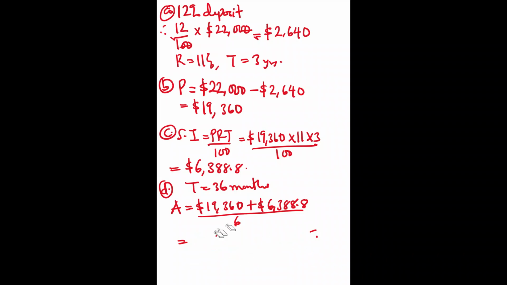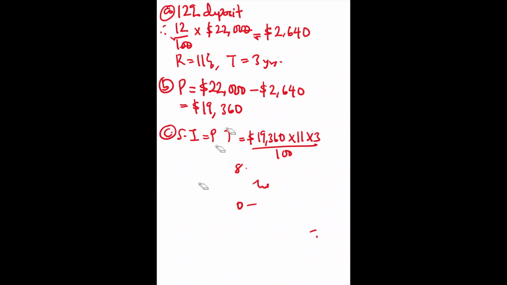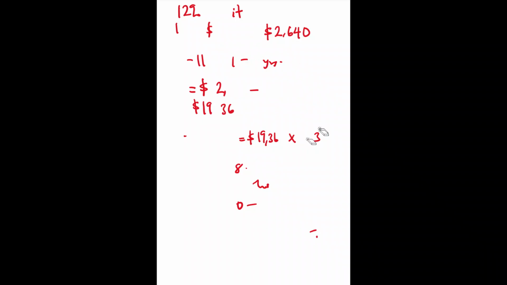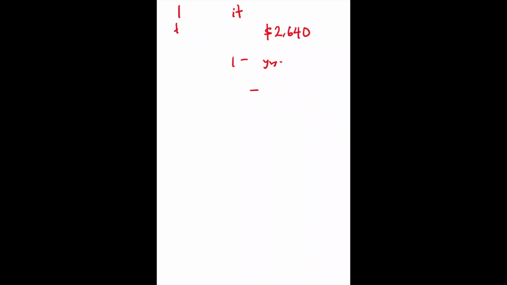So for the last question, I couldn't write it because there was not enough space. So the last question says, how much did she end up paying for the table? So if we do amount is always principal plus the simple interest, right?